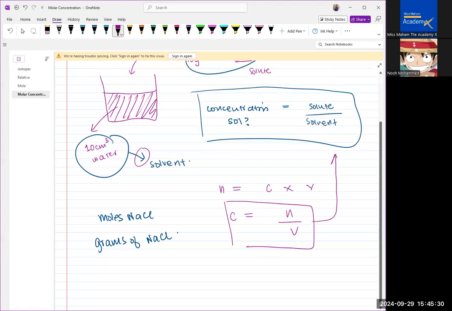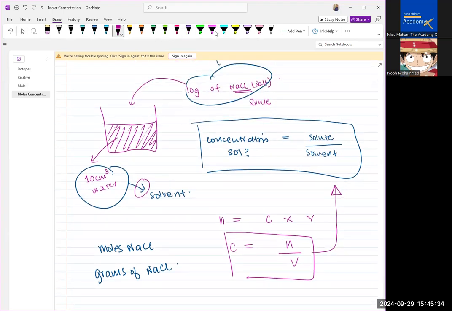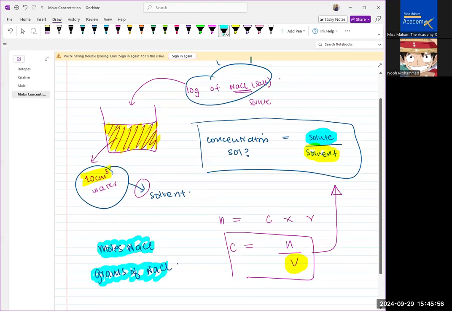This is the same as this equation, meaning when we're talking about volume of the solution, we're also talking about the solvent, right? It's the same thing. So basically, in the denominator we're going to write the volume, which is 10 centimeters cube, and in the numerator we have the solute. So we can either write moles of NaCl or we can write NaCl in grams.